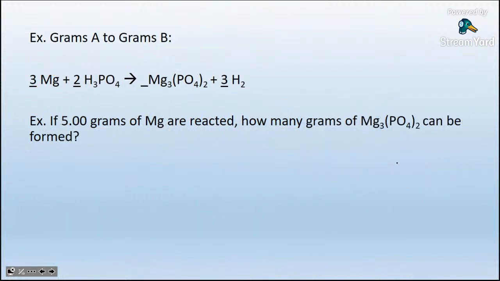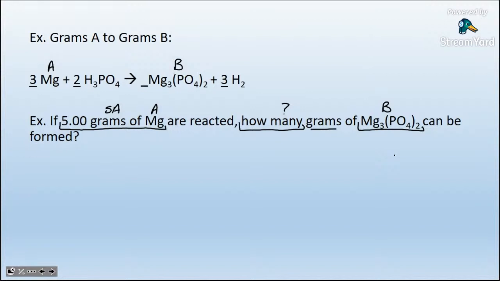So now then, the only thing that's left is grams all the way to grams. So if 5 grams of magnesium, starting out that same 5 grams, that is my starting amount, substance A. So I label how many, there's my question, grams magnesium phosphate, that's going to be my substance B. Okay.